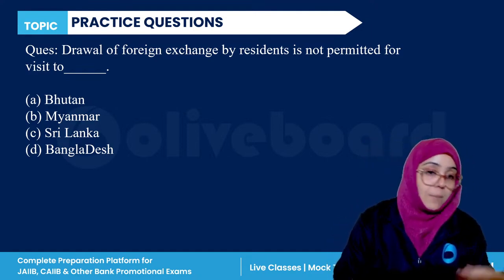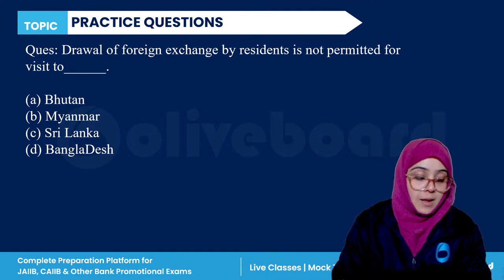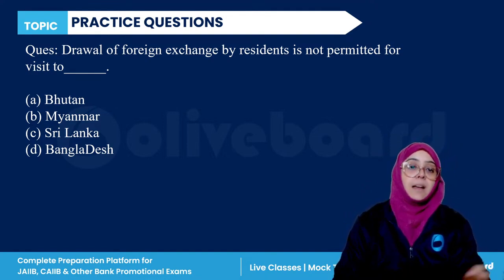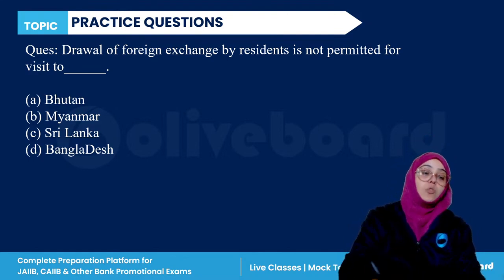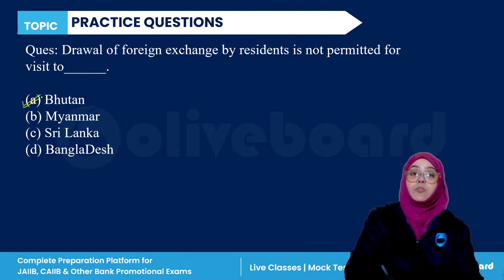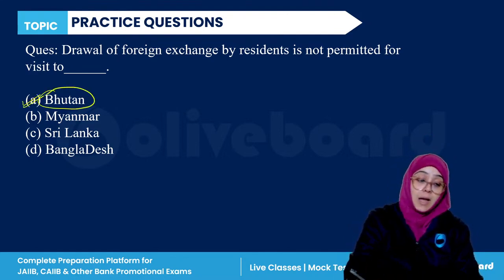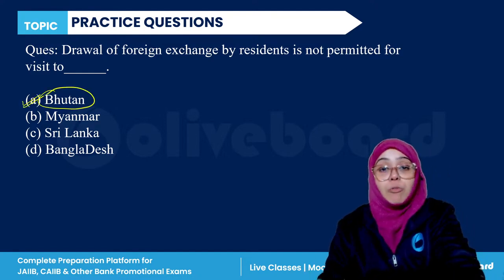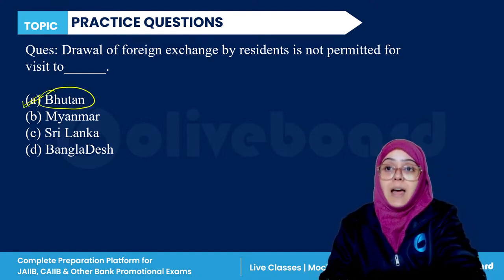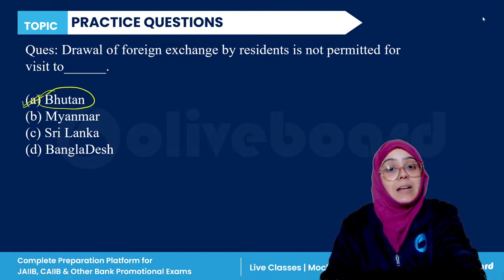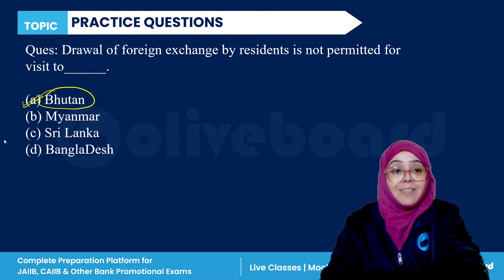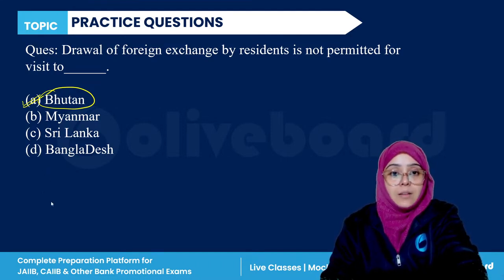If you are withdrawing foreign exchange for visiting Bhutan, then it is not allowed. Yes. Okay. So A is the correct answer here. Done.